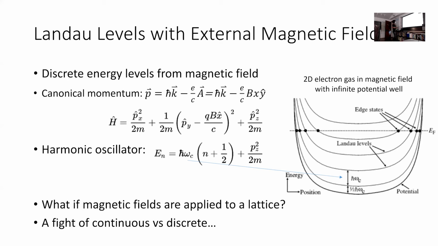And you get these energy levels that are indexed by an integer value n, precisely as we find in the harmonic oscillator, because the Hamiltonian ends up being identical, at least in the one-dimensional aspect when you consider the x. So we get this 1D harmonic oscillator with discrete energy levels. And if you had an infinite potential well, and you go towards the center, you're going to see these flat energy levels, which are called Landau levels.